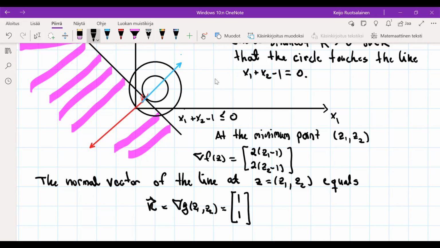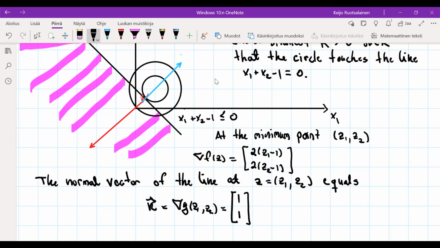So I can find a number in such a way that if I multiply this gradient vector with some constant, I have to get the gradient of f. So this is the only explanation.